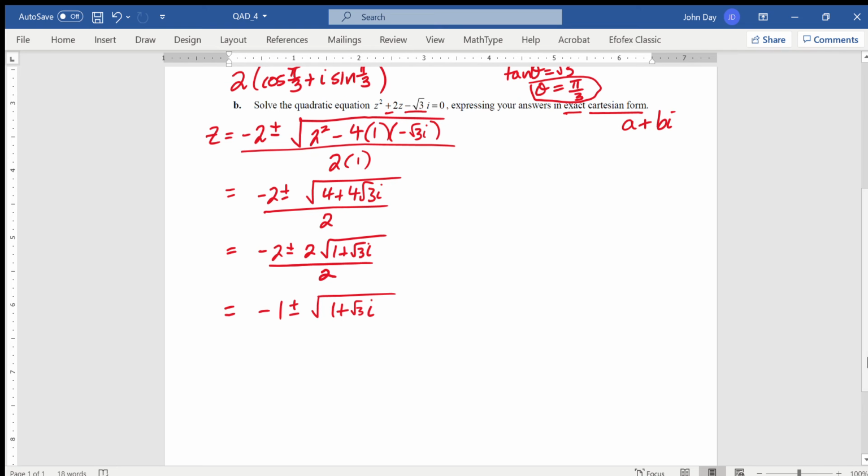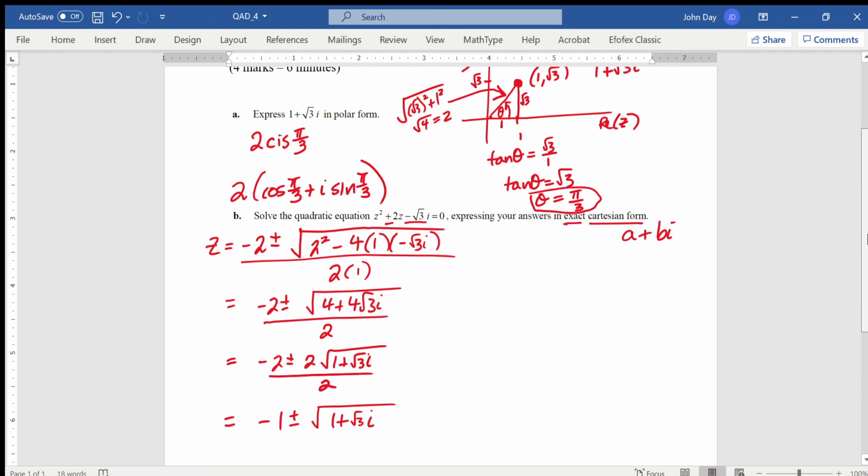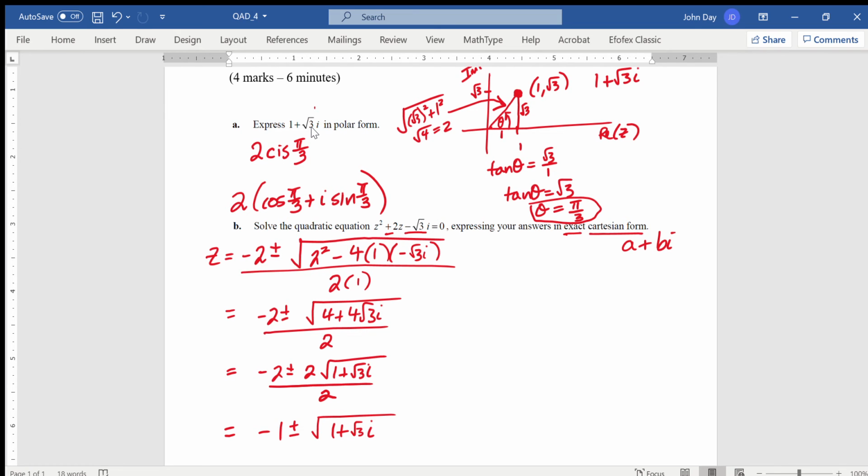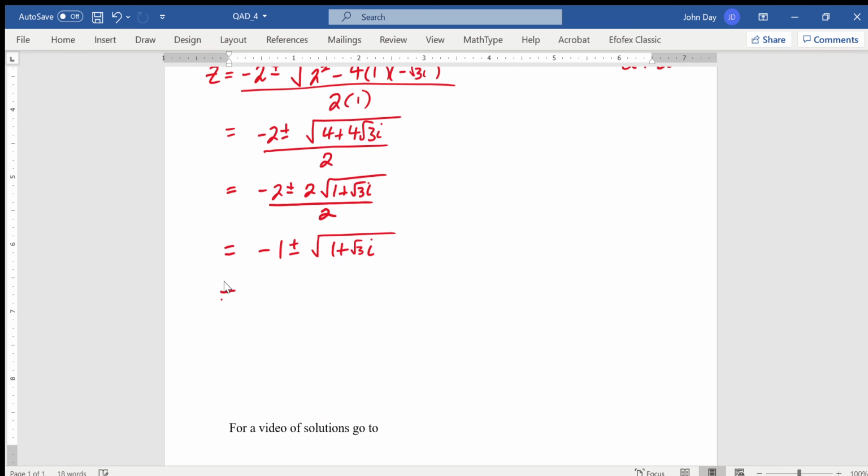So we go back up and look at what we had in question 1. 1 plus root 3i can be expressed as 2 cis pi on 3. So the stuff under the square root sign here, 1 plus root 3i, is 2 cis pi on 3.